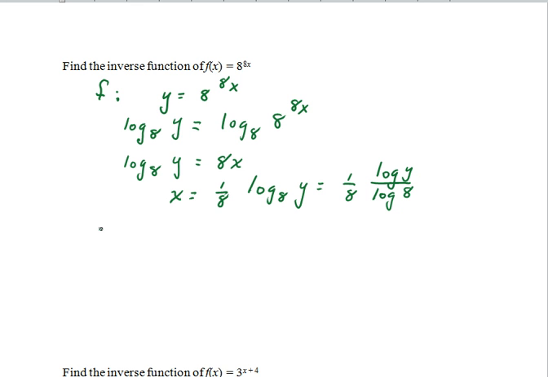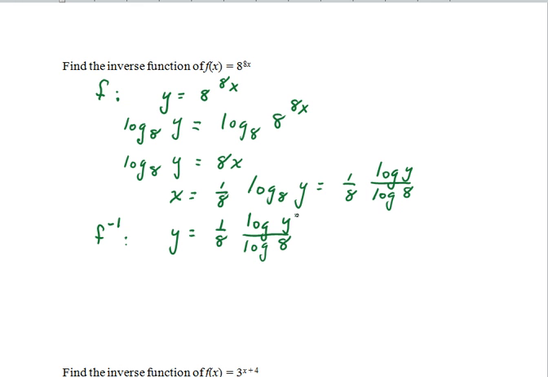And so the two-variable equation for the inverse is going to be y equals 1/8 log y divided by log 8.